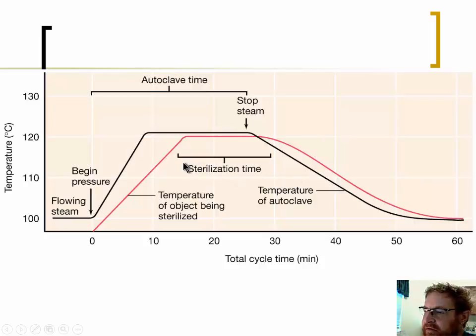And what we need is a sterilization time of 20 minutes. The gold standard of autoclaving something is to sterilize at 121 degrees centigrade for 15 minutes. There might be some materials that take a little bit more time than that, but it should work just fine.